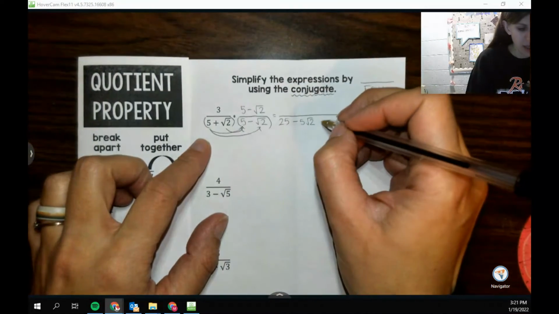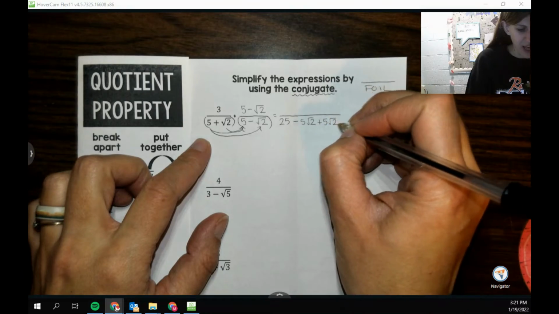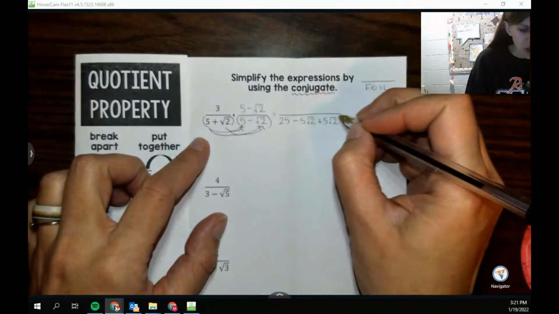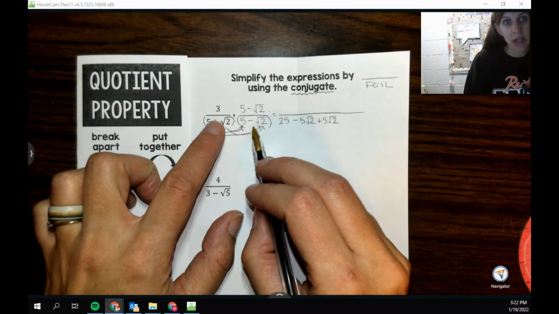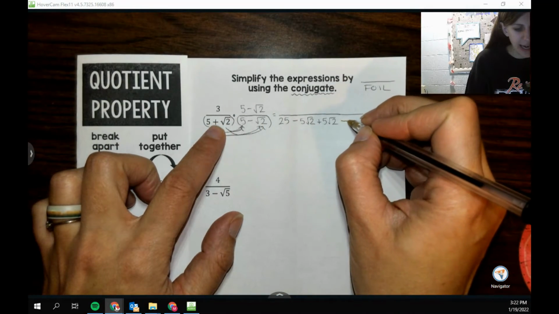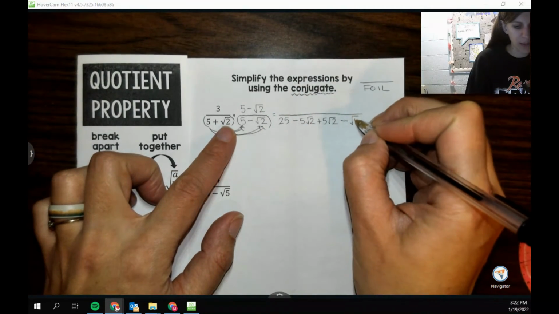Inner, I don't know how to multiply that, so we're just going to smush it up. And then last, which those 2 are both in a root, so I feel like I can multiply that. So positive times negative is a negative, and then root 2 times root 2 is root 4.